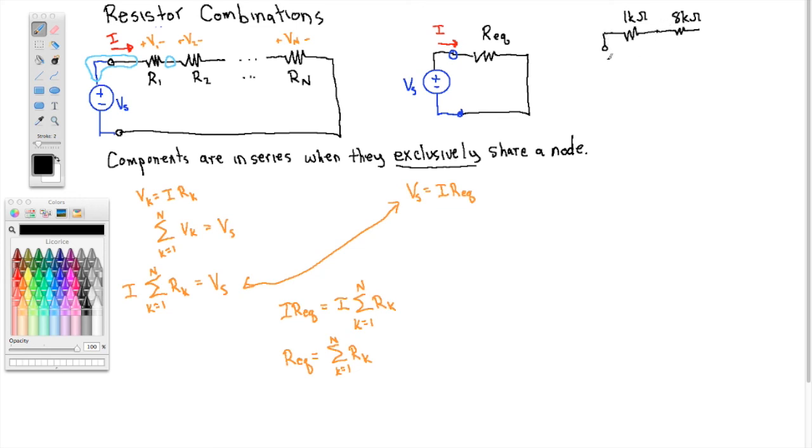Call this node A, call this node B. The equivalent resistance between nodes A and B is simply the sum of all of those. Here we have two resistors, we sum them together, that's 9 kilo ohms. That's the equivalent resistance between nodes A and B.